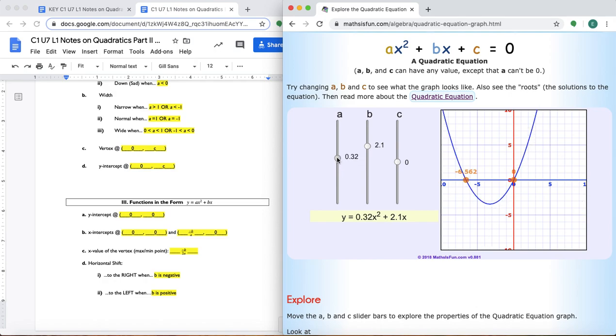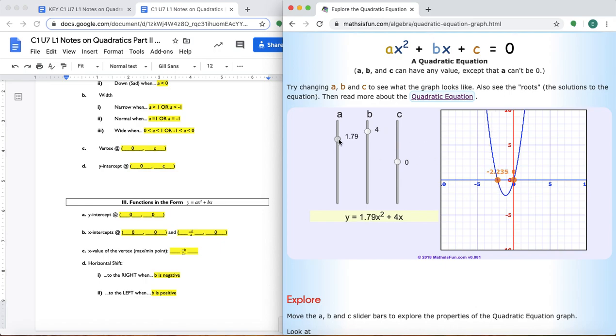Let's make my a value 2. Now, when I move b around, let's make b be 4. When b equals 4, my x-intercepts are at 0 and -2. How did I get to -2?